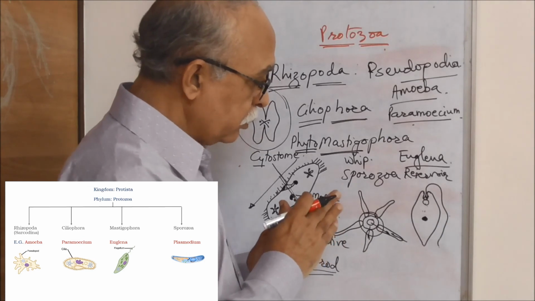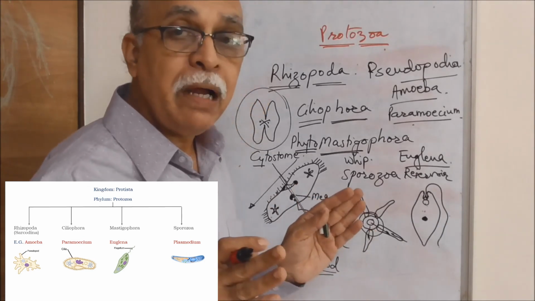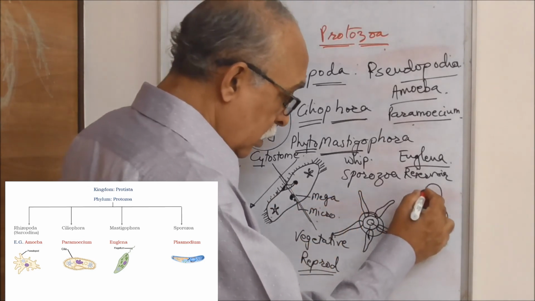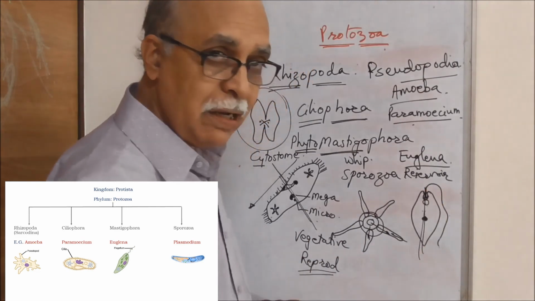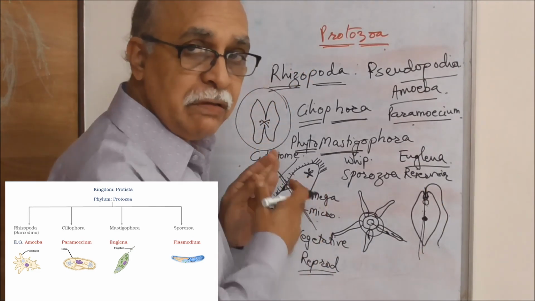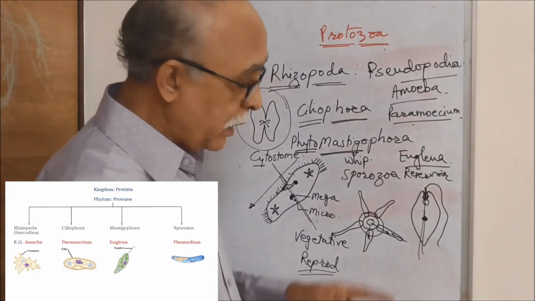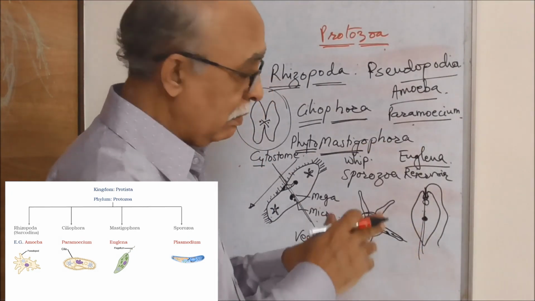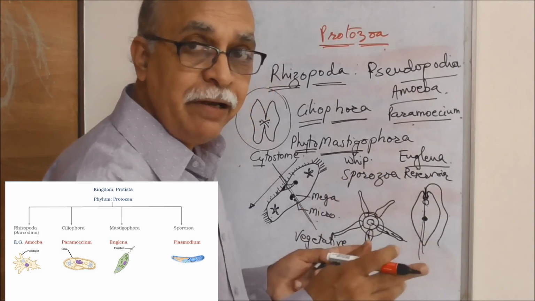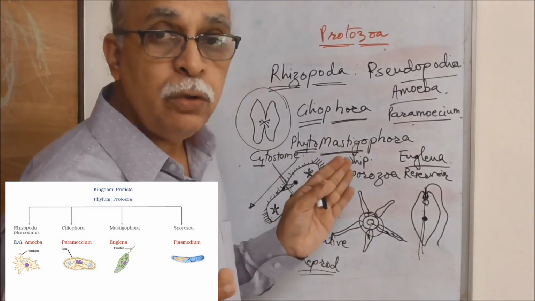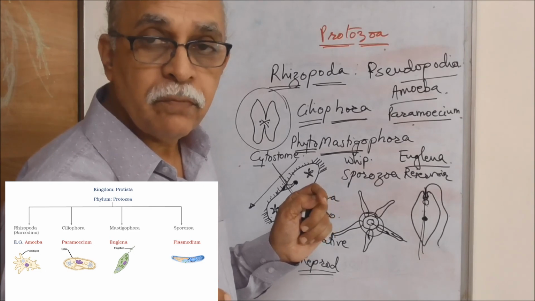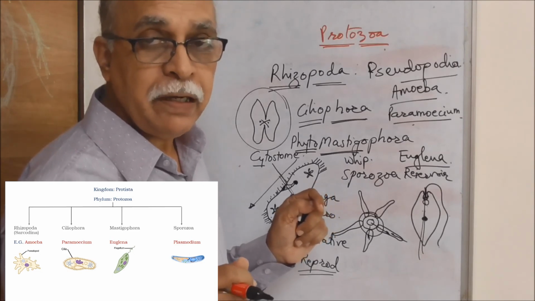Now here reproduction is predominantly by binary fission, and it is by longitudinal binary fission, unlike what we saw in Paramecia. Here it is longitudinal, there it was transverse. To begin with, the flagellum will divide, then the nucleus will divide, then the cell will divide, so that 2 euglenae will be formed. That is how the multiplication would happen.